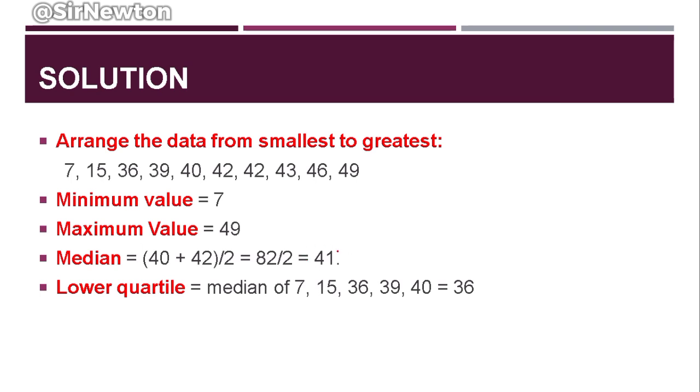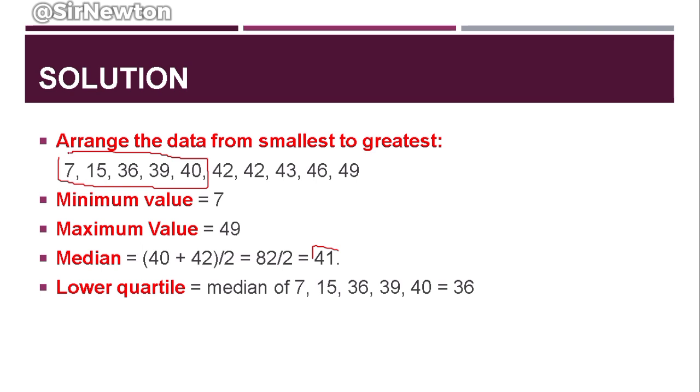Our median is 41. So we go back to our data and look for all the heights that are less than the median. If the median is 41, the heights that are less than 41 are 7, 15, 36, 39, and 40.